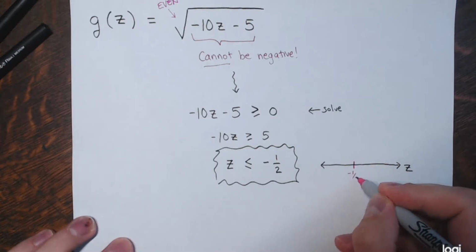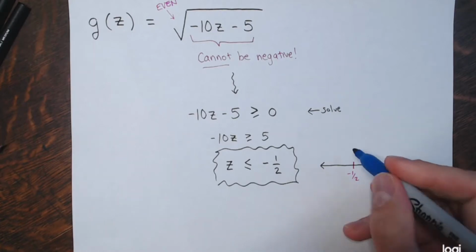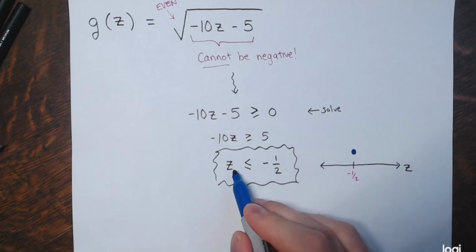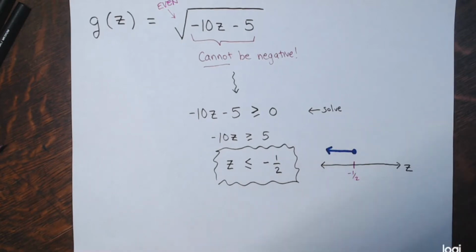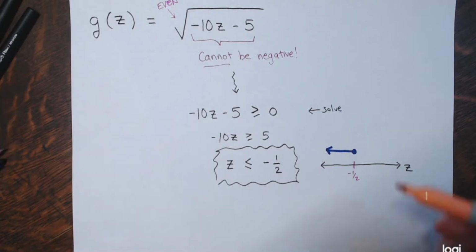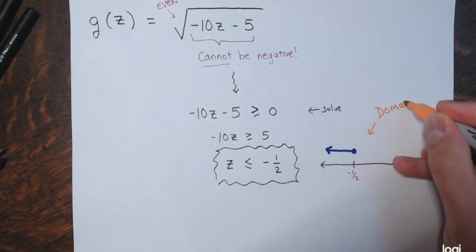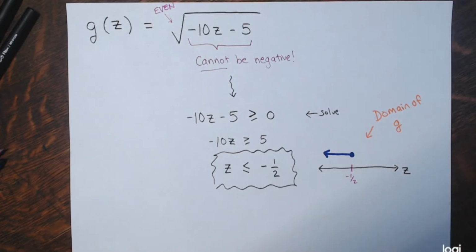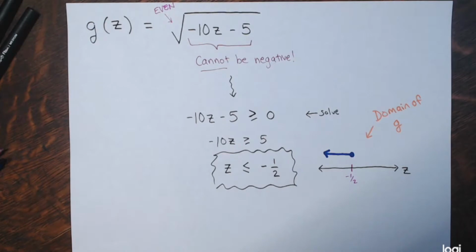There's negative 1/2, and we can plug in negative 1/2 because of the equal to part, and then all the numbers less than negative 1/2 can be plugged in for z. And here's a picture of the domain of this function. There's the domain of g, this g of z. All the numbers I can actually plug in for z and get a real number output.